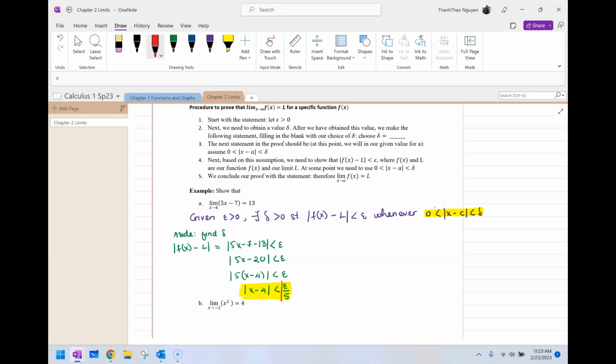So this is the delta that we would choose. Now that we have a delta, we go back to our proof, and we choose delta equal to epsilon over 5.